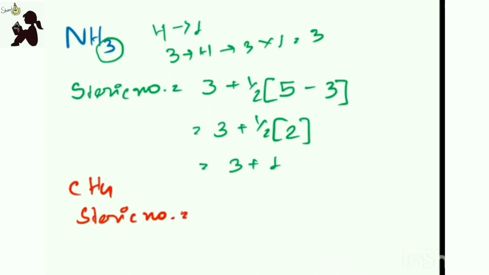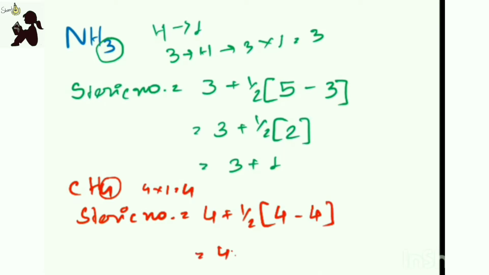Here the surrounding atoms are 4, plus half into carbon's valency, which we all know is 4. Here also 4 into 1 is 4, the total valency of the surrounding atoms, so it comes to 4 plus 0.